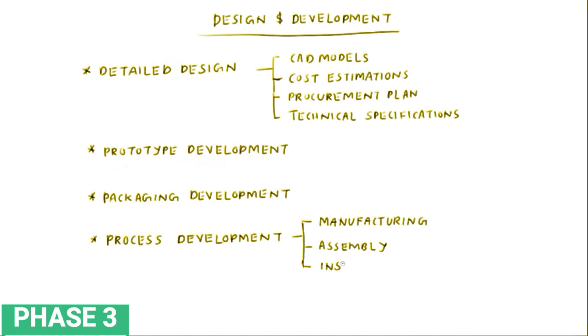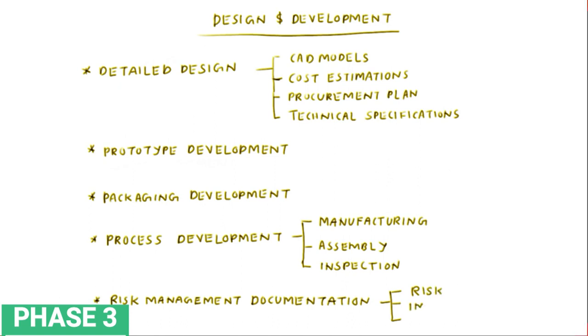The last one is risk management documentation. At this stage, we will be identifying and documenting all the risks we foresee for the product, and also evaluating the potential impacts and implementing control measures suitable for the risk, to resolve it at an early stage.